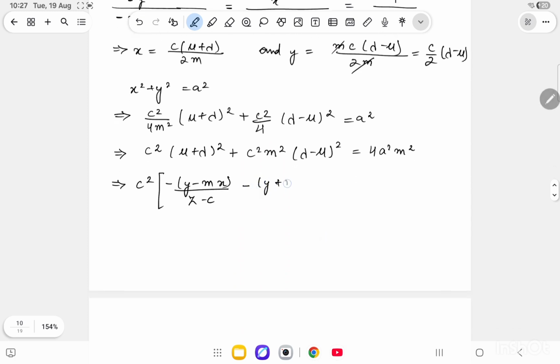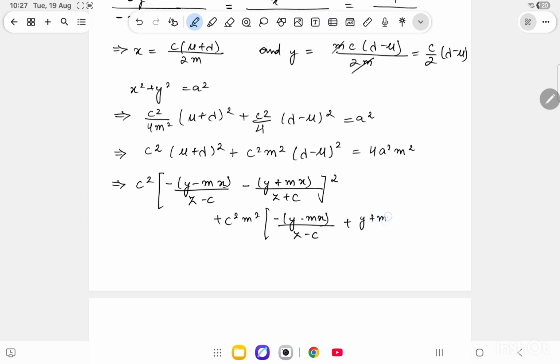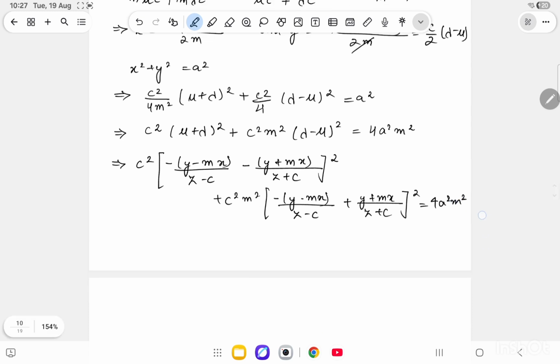Substituting, we get c square [minus (y plus mx) upon (z plus c) minus (y minus mx) upon (z minus c)] square plus c square m square [minus (y minus mx) upon (z minus c) plus (y plus mx) upon (z plus c)] square equals 4a square m square.